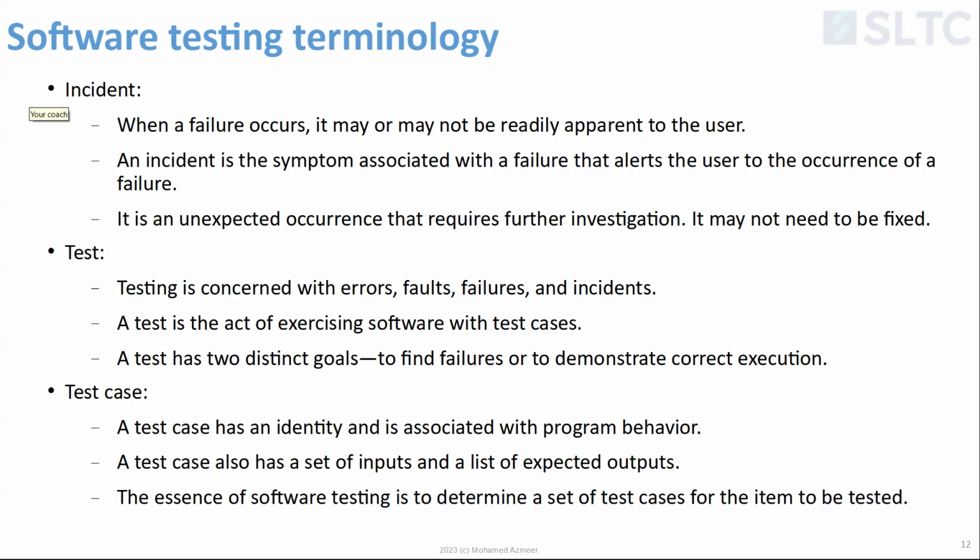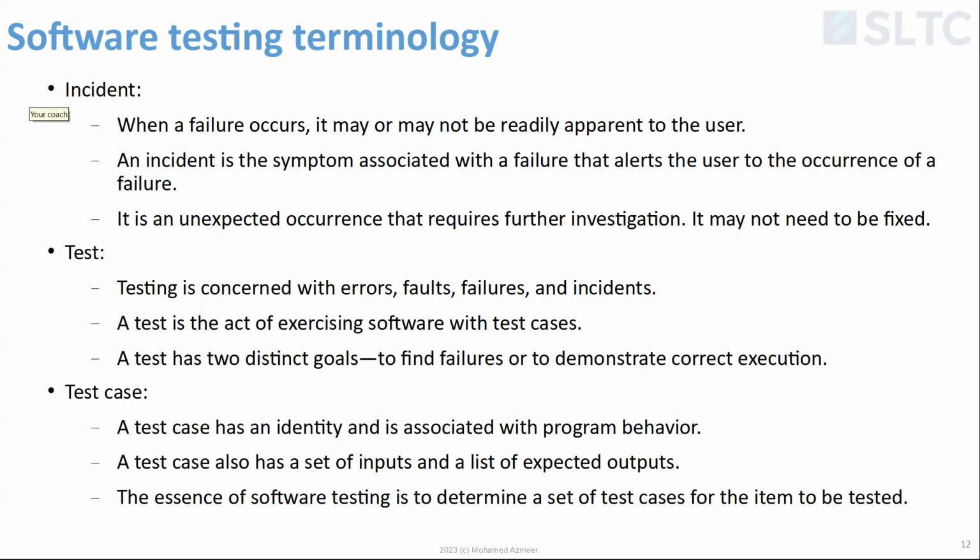Then what is a test case? Each test case, by the way, has a unique identification, right? And it is also connected to a certain program behavior. Then only we can come back and say, right, test case number 562 failed during this input, and this is the output we receive.